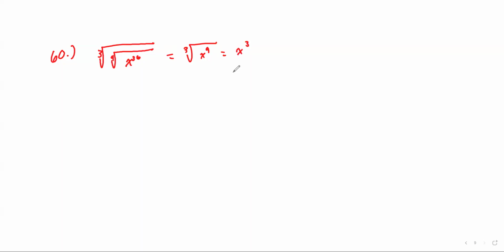Now, here is the situation. When you multiply these, 3 and 4, and you get 12, this is an even. So when it's an even index, you have to add this absolute value to it to make sure the original x is a positive. All right, it's the only time that this comes up.